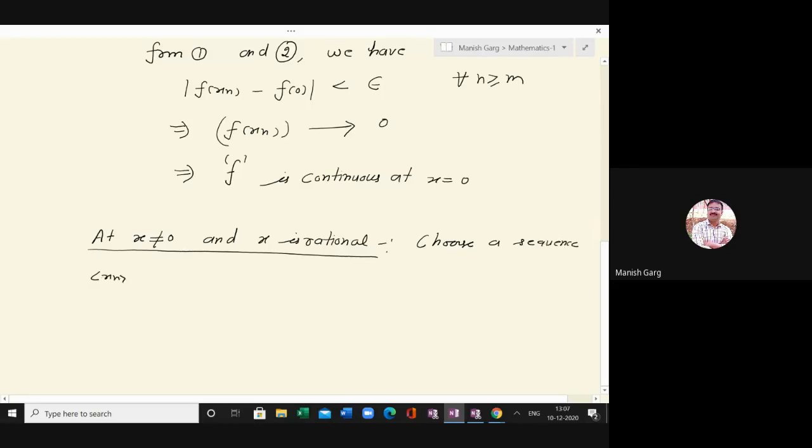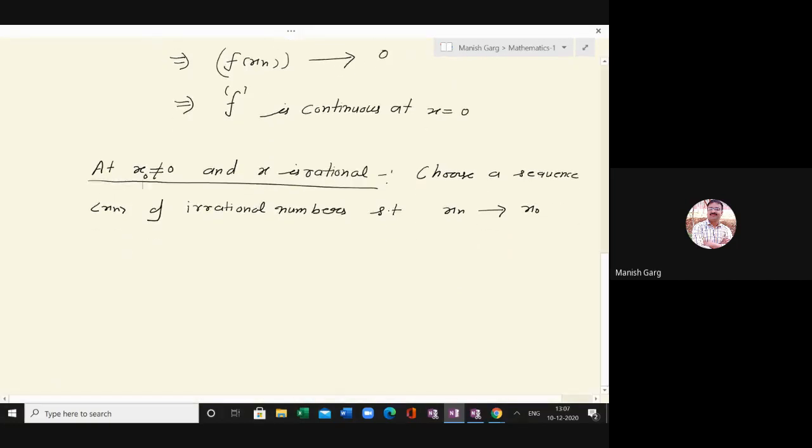Suppose xn is a sequence of irrational numbers such that xn converges to x naught. You choose a sequence xn which converges to x naught and xn is irrational.